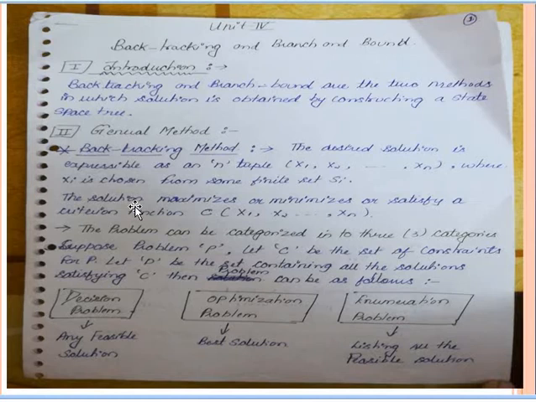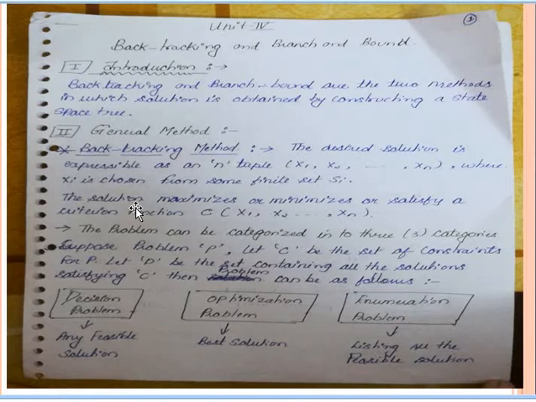Backtracking and branch and bound are the two methods with which the solution is obtained by constructing a state space tree. When I was discussing the first unit, I talked about how you have to design an algorithm. At that time I discussed the different algorithm strategies that we are using. First is divide and conquer, greedy method, dynamic programming, and branch and bound technique.